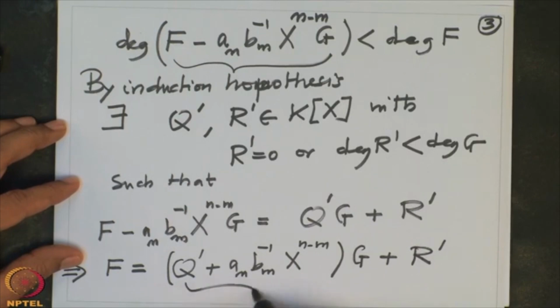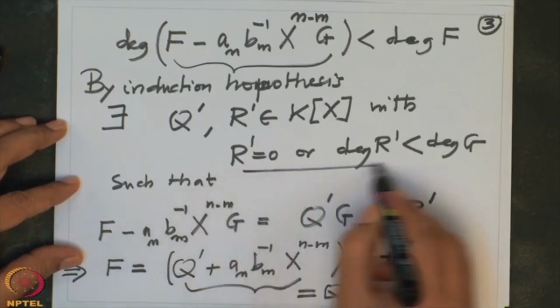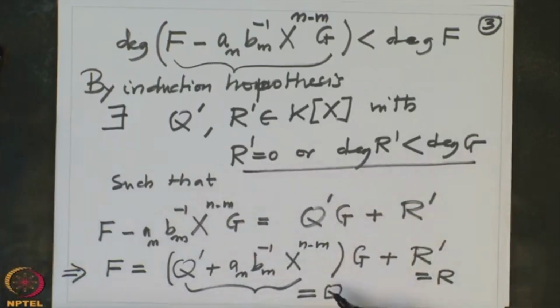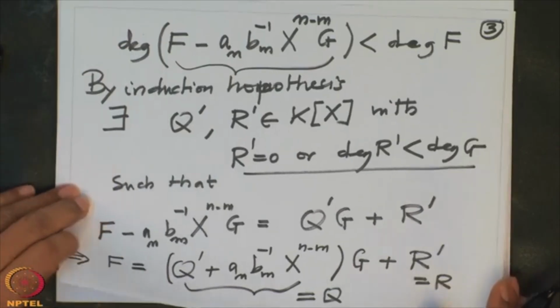So this is my q, the one I am looking for, and this is my r. This condition remains the same, and on q there is no condition. So we have found a polynomial q and polynomial r with the required conditions. So this is the division outcome. This is very, very important.